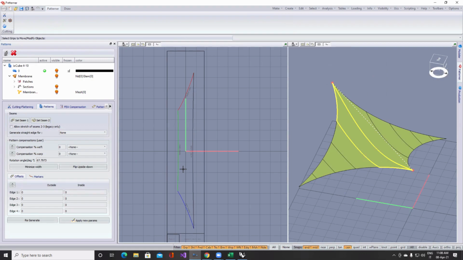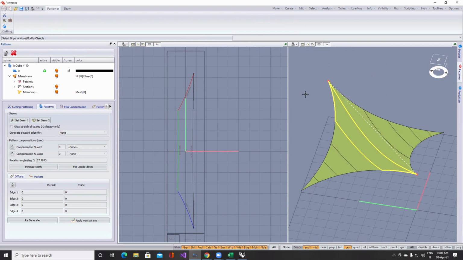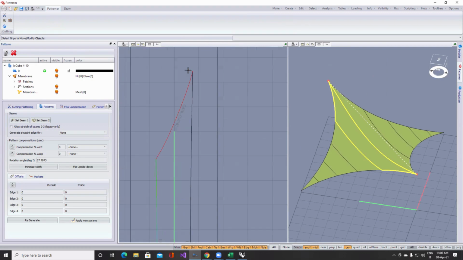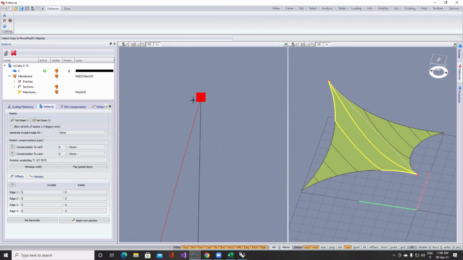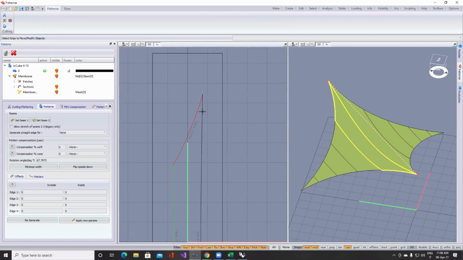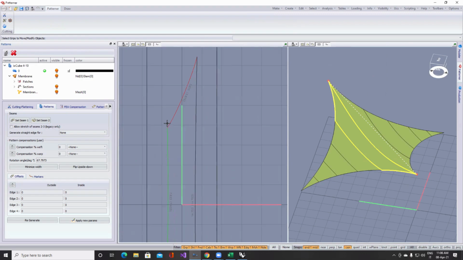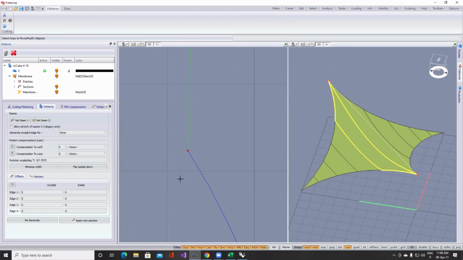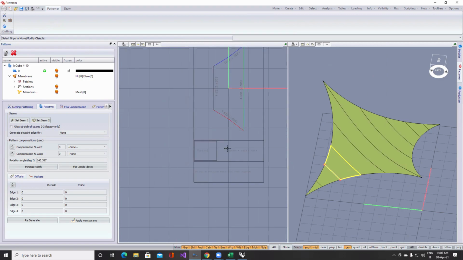So you don't have to do so much here. What is important? Remember that we said the 4 edge points. These are the 4 edge points that it has detected. Generally we have 4 points, but you can have 3 or even 5 points. If this happens, we can fix the panel manually.